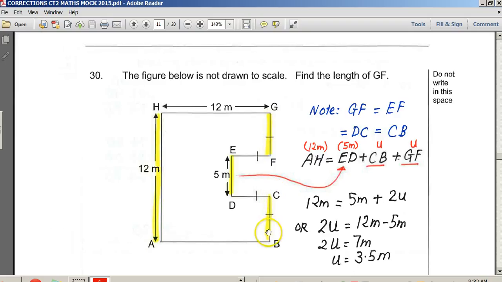These two are of the same length. 12 minus this 5 over here, you should get 2u. So 2u is 7, right? 12 minus 5 gives you 7, and a u is 3.5. It means this is 3.5 and this is 3.5. The question asks, find GF. GF is 3.5 meters.